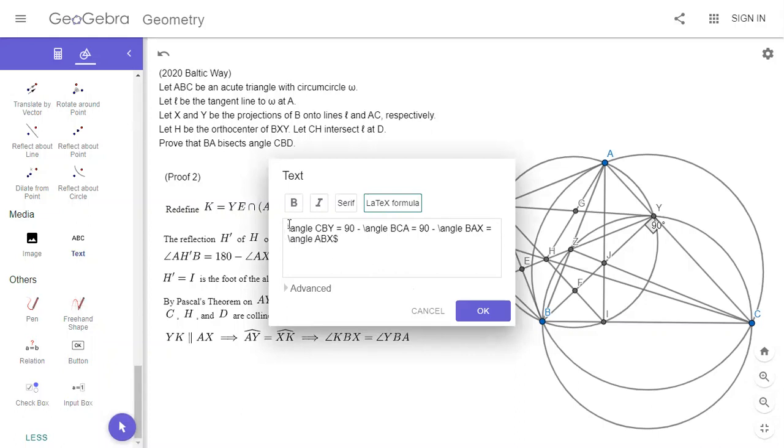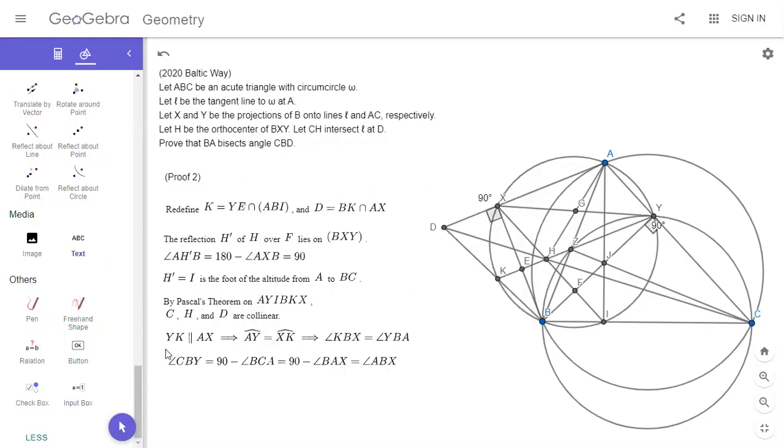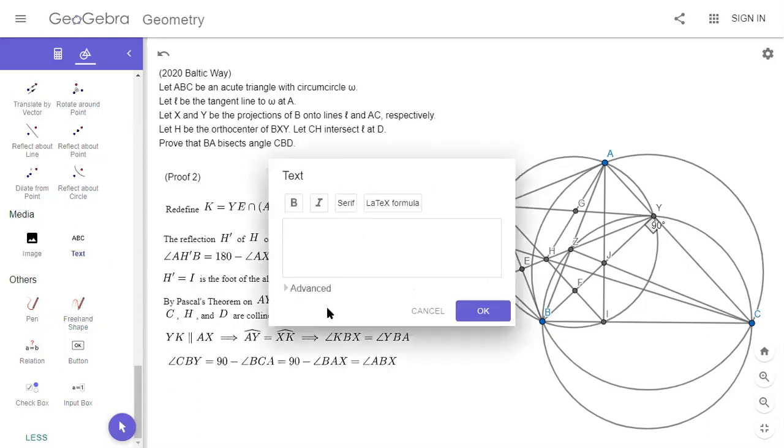Adding the two gets us what we want. So angle EBA is equal to angle ABC, and that's all good.